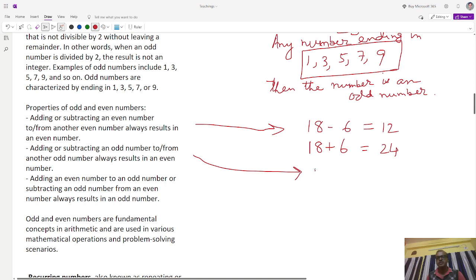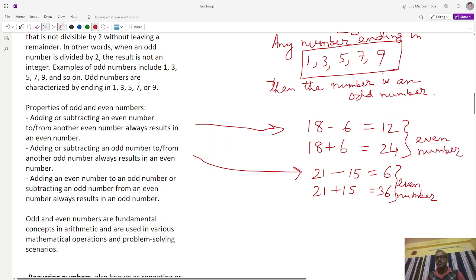If the two numbers are odd numbers, then the result will be an even number. Right?